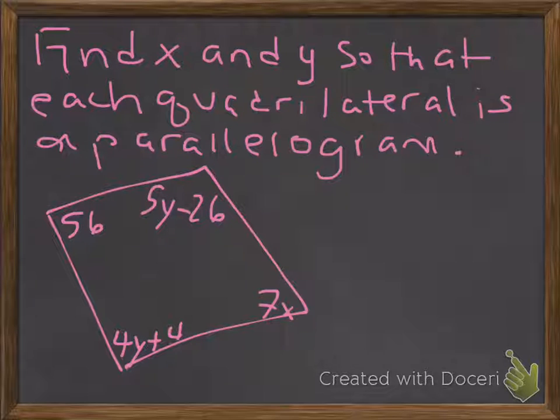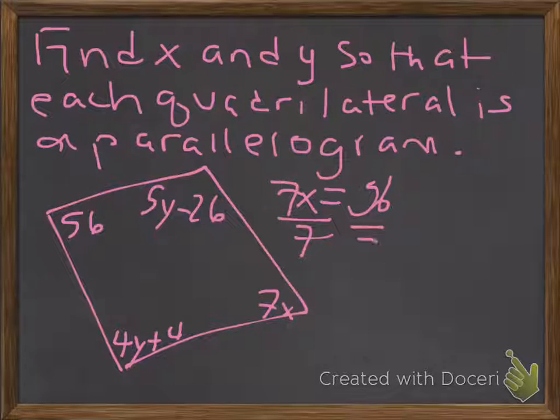Then for this next example, we need to find x and y so that each quadrilateral is a parallelogram. So we need two opposite angles congruent to each other. So we're just going to put 7x equal to 56 to find x, since they're opposite angles. So x would be 8.